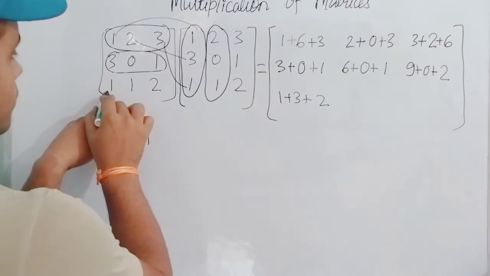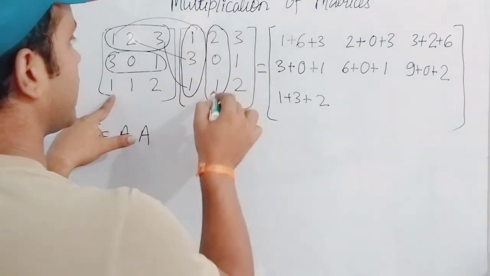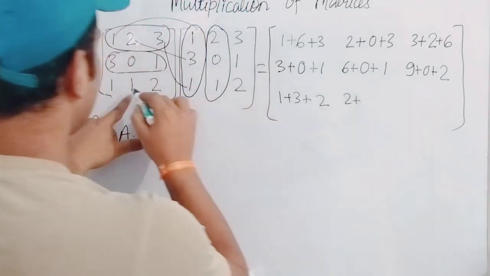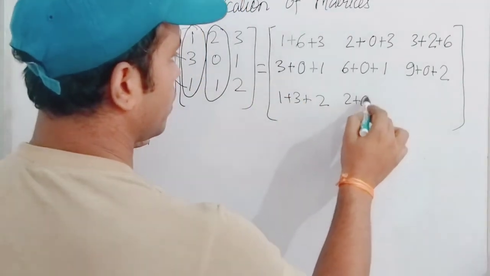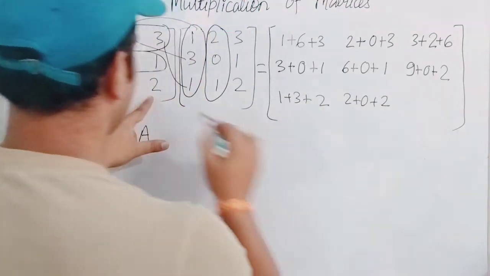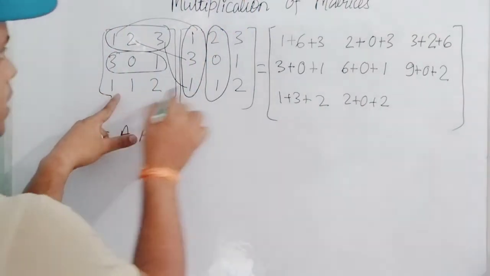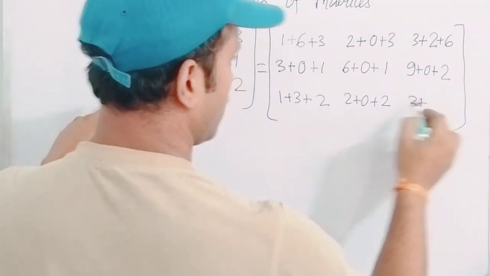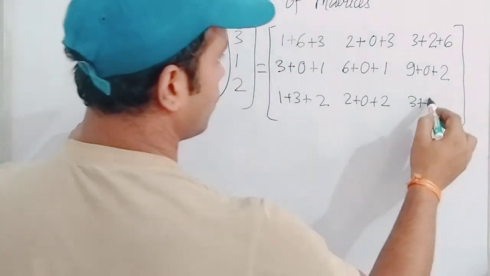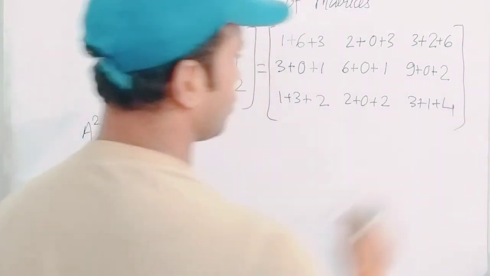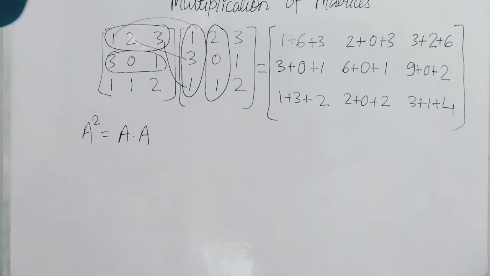Now multiply this row with second column. 1 into 2 is 2, 1 into 0 is 0 plus 2 into 1 is 2. Now multiply this with last column. 1 into 3 is 3, 1 into 1 is 1 and 2 into 2 is 4. So this way multiplication is complete.